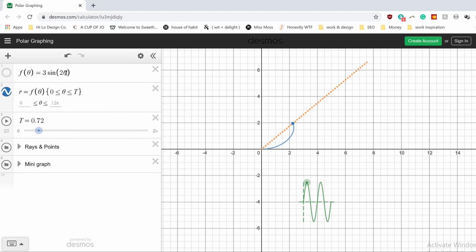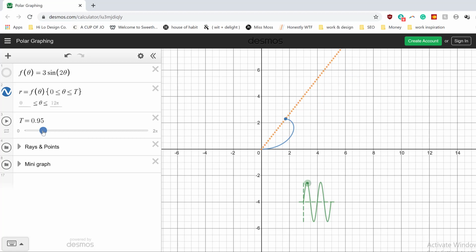Where basically we've gotten to the point where theta is equal to pi over 4. So coming to this part, theta is pi over 4. We double pi over 4 and you get pi over 2. The sine of pi over 2, that's straight up. The sine, when you're pointing straight up on the unit circle, is 1. 3 times that 1 gives us our radius of 3.